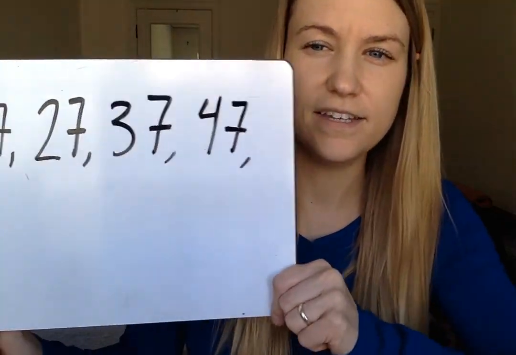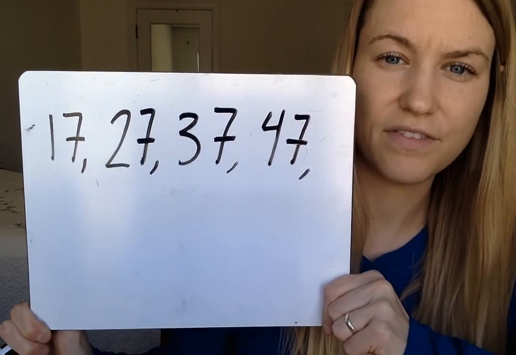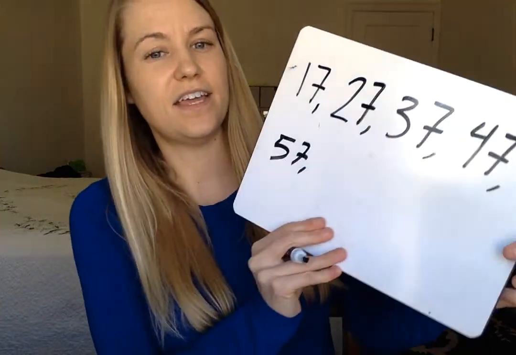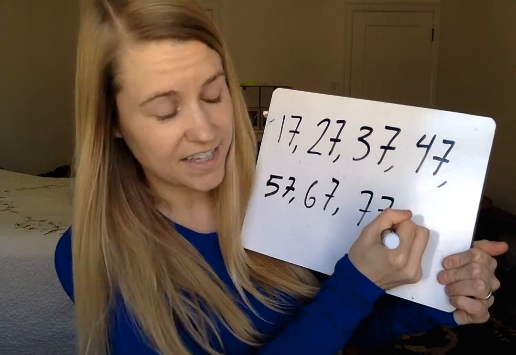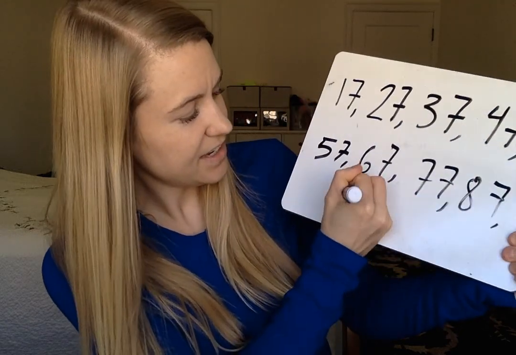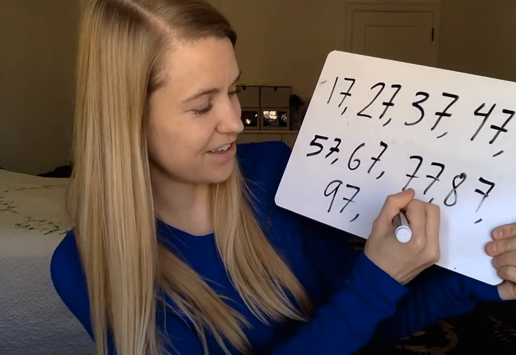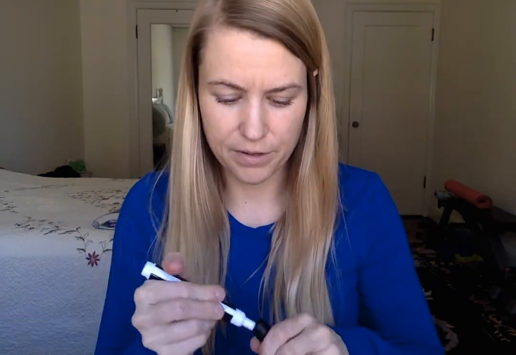Then I would have 27, 37, 47, like this. 17, 27, 37, 47, 57, 67, 77, 87, 97, 107. Nice. We could keep going. You can keep going. It doesn't stop there, but for the sake of our video, we're stopping there.